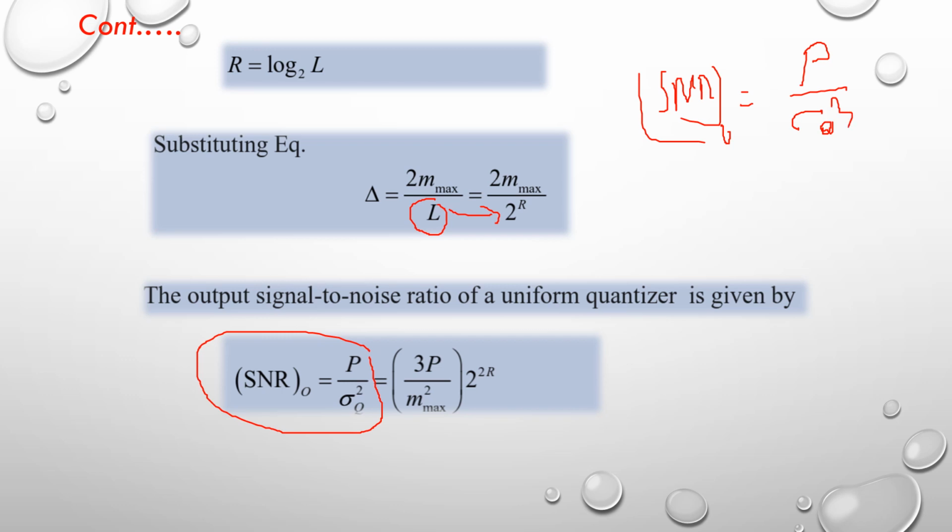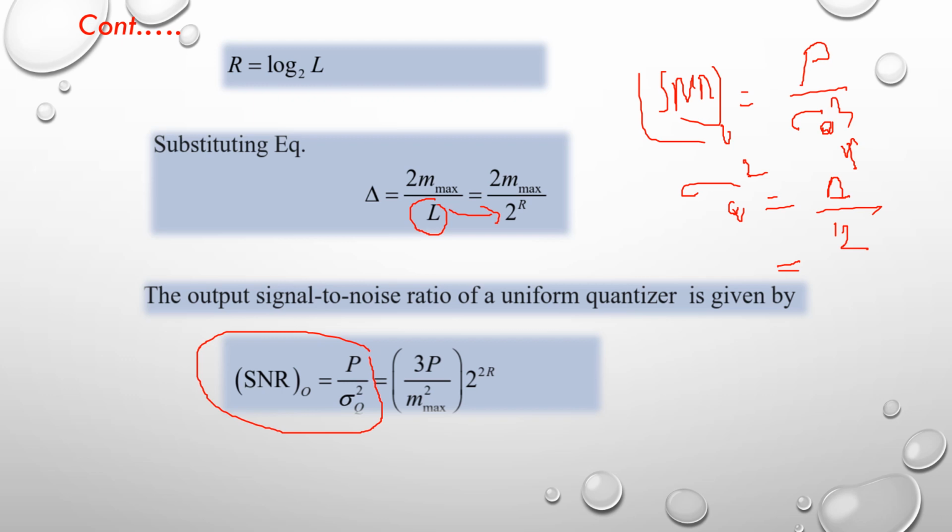So we have to find the sigma q squared value. We know that sigma q squared is equal to delta squared divided by 12, and delta is equal to 2 m maximum divided by L, which is 2 m maximum divided by 2 to the power R.